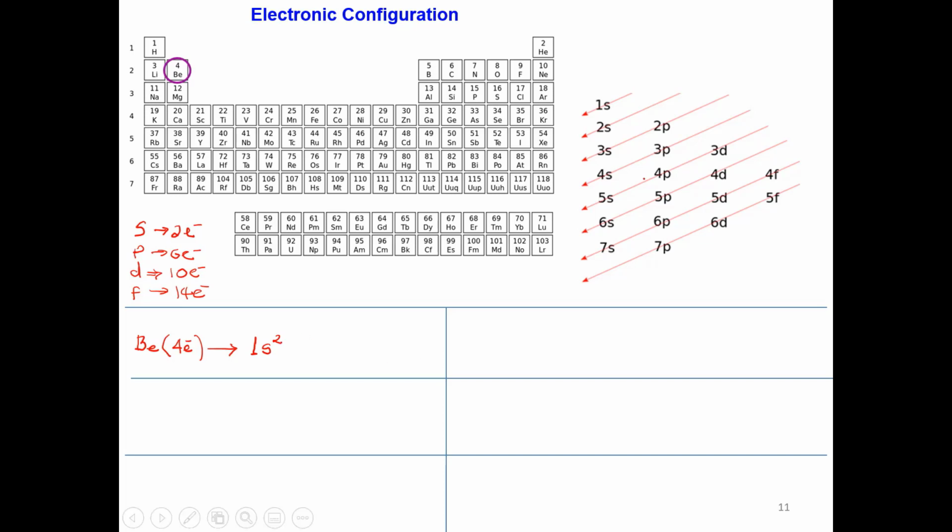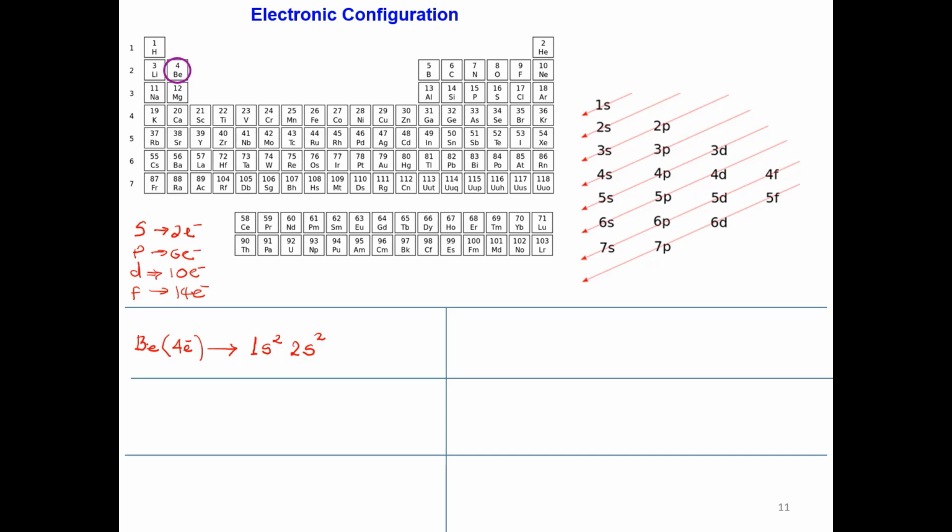Then let's move to the next row, 2s, and we know s can hold up to 2 electrons. If we add 2 plus 2, we get 4, and this is the number of electrons for beryllium. Then this is the electron configuration for beryllium.